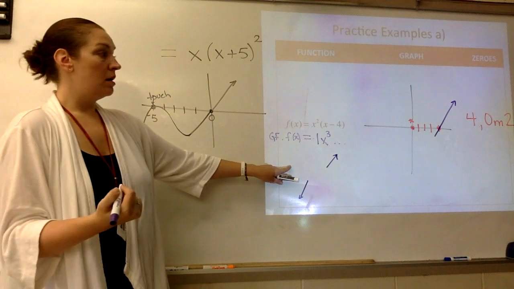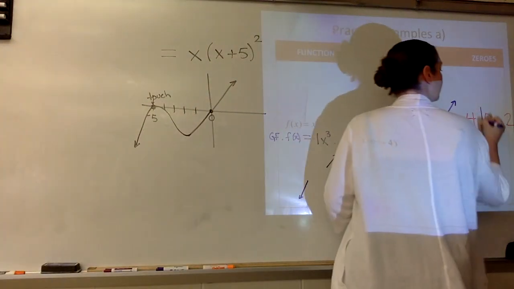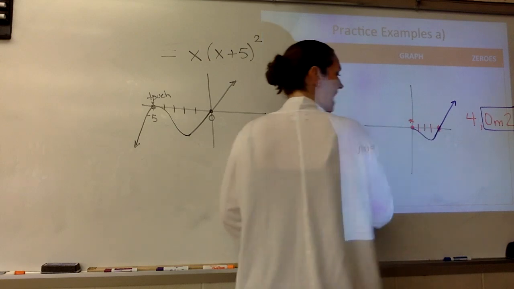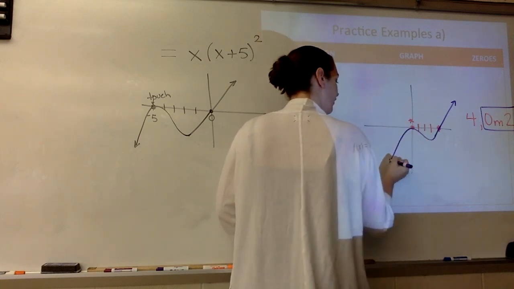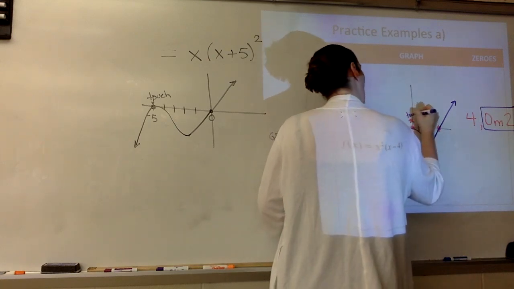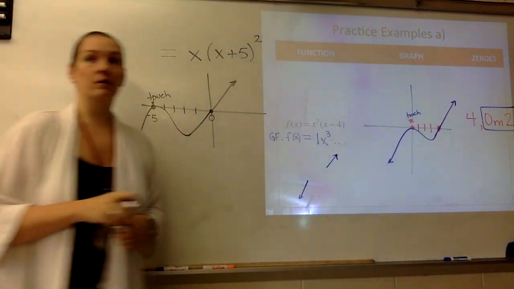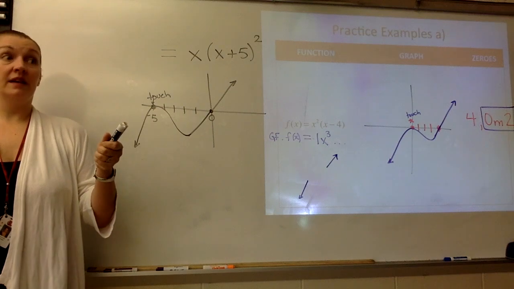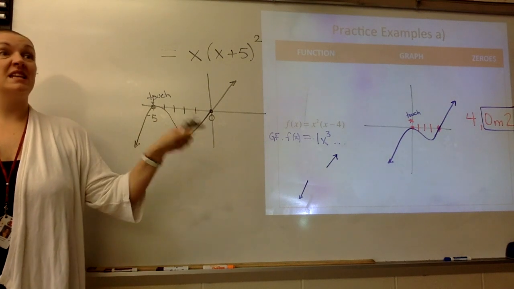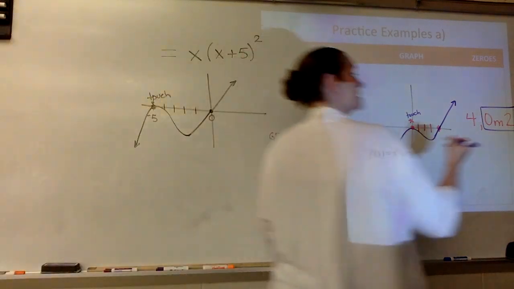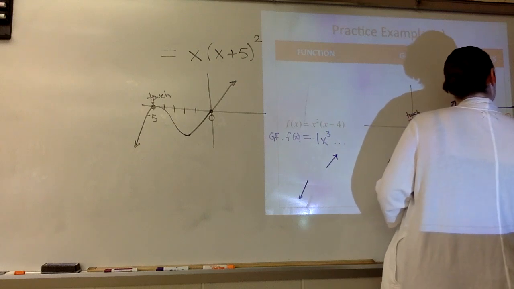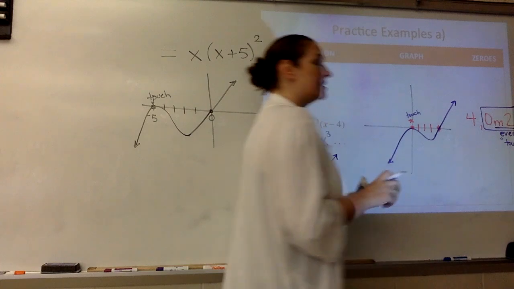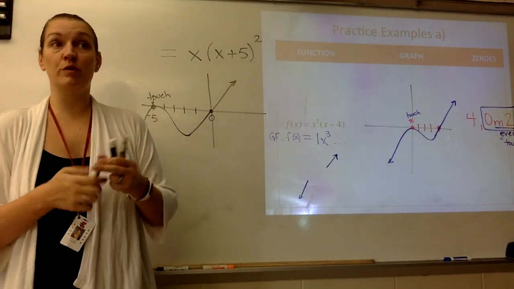But now, because I have a multiplicity of 2, my graph is going to come back and touch at 0, and then it's going to fall. Why is it only going to touch at 0? Yes. Multiplicity is even. So because this is an even multiplicity, I know that this graph is only going to touch at 0. It does not cross through the x-axis.